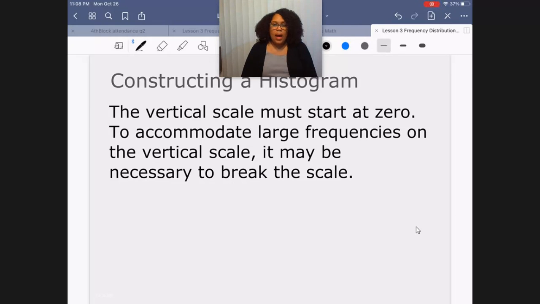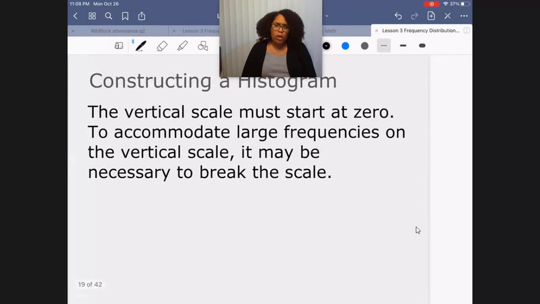We can, though, however, put a break in our graph, the vertical axis, to accommodate for if I have large frequencies, and I'm not going to end up having a really small one. And I'll show you how to do that at some point when we cross that bridge and need it.